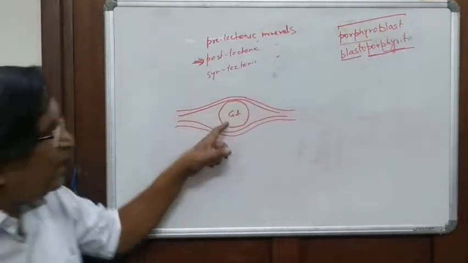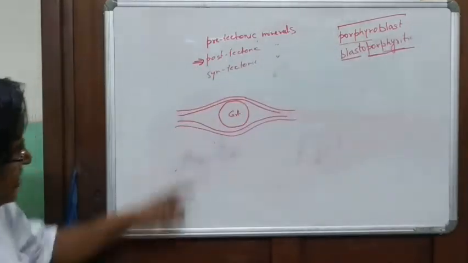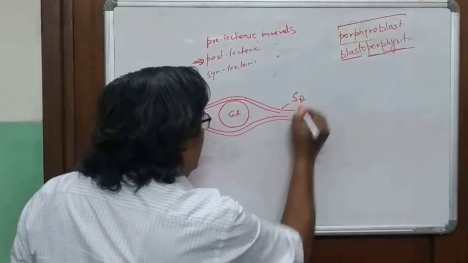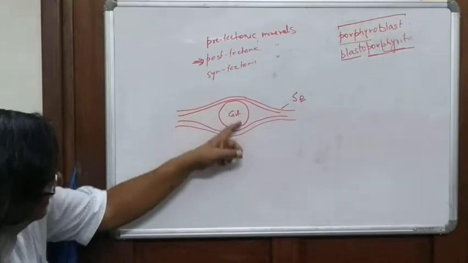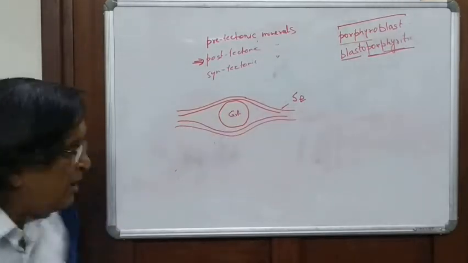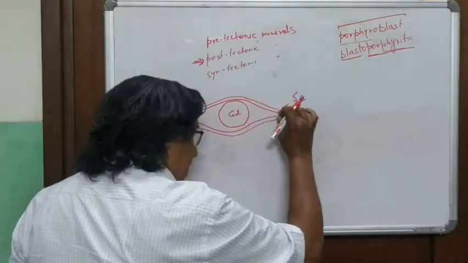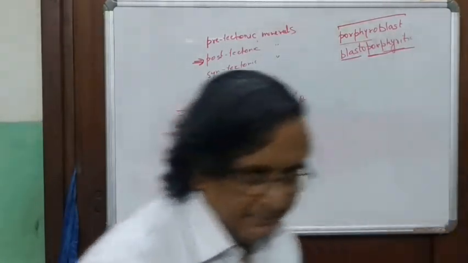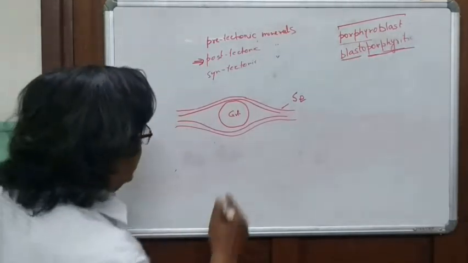This is a typical example of a pre-tectonic porphyroblast. That means this is SE, external foliation. There may be no internal foliation, but you can see the foliation warps around the garnet, meaning the garnet was there when the foliation developed.